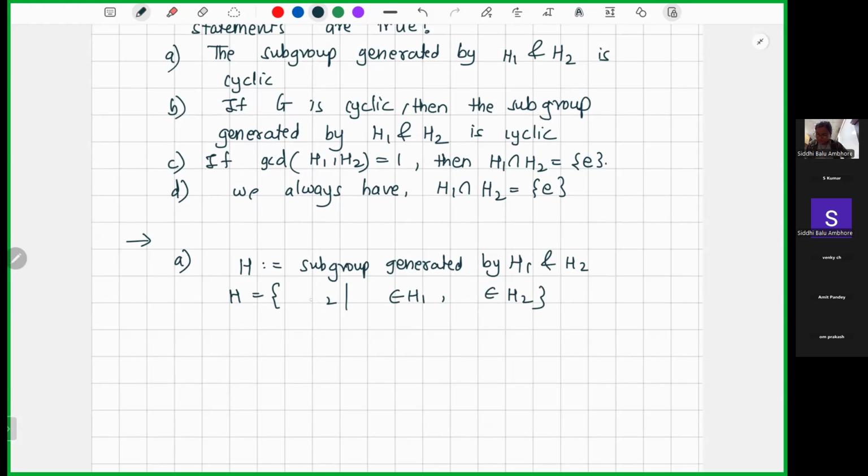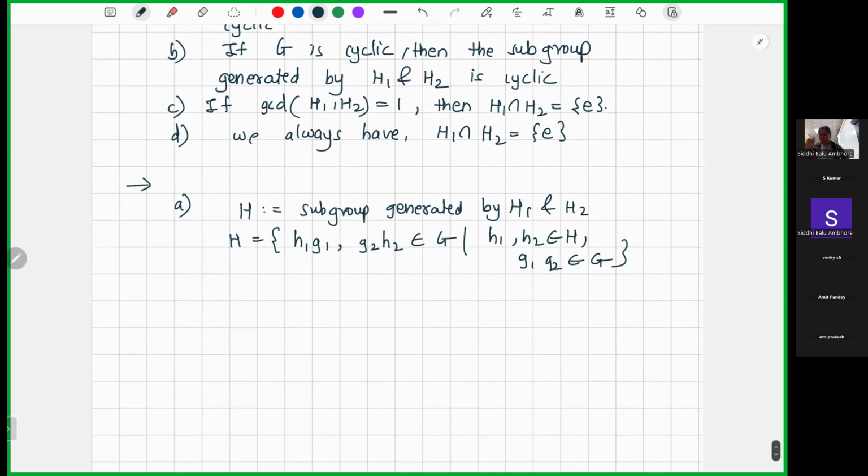And this is not the only thing. Let me just write this. All the products h1 g1, h2 g2 and so on, such that h1, h2 in H and g1, g2 in G. All the possible multiplications of elements of H1 and H2.